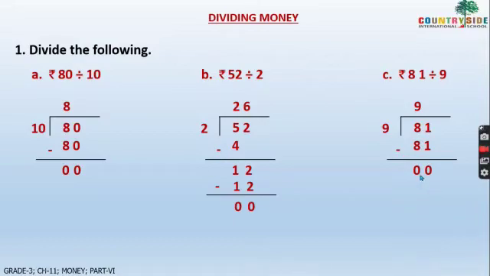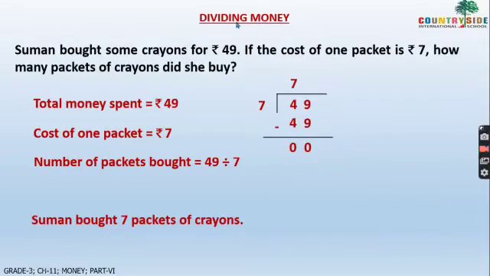Let's move ahead, children. Now here is a story sum. What is a story sum, children? Suman bought some crayons for rupees 49. If the cost of one packet is rupees 7, how many packets of crayons did she buy? What is given is that she bought the crayons for rupees 49.